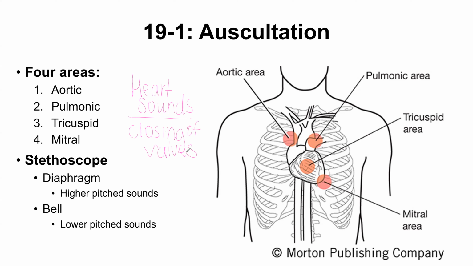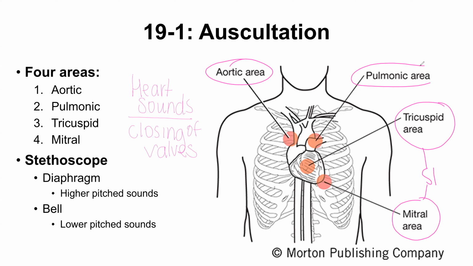Our S1 heart sound, or lub part, comes from closing of our AV valves, and our S2, the dub part, comes from closing of our semilunar valves. So there are 4 areas that you listen to whenever you are using a stethoscope to listen to the heart sounds.